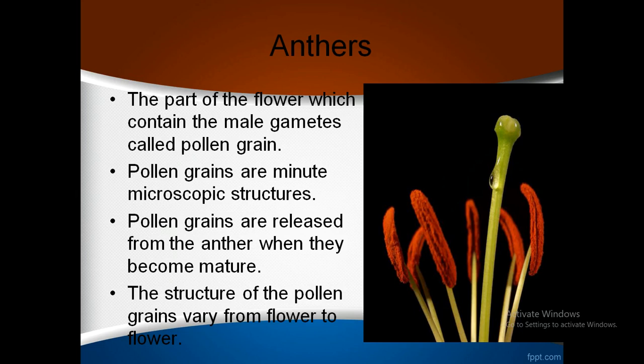So the part of the flower which contains the male gametes called pollen grains is called the anther. Pollen grains are minute microscopic structures which are produced inside the anthers, and they are released from the anther when they become mature. The structure of the pollen grains varies from flower to flower.